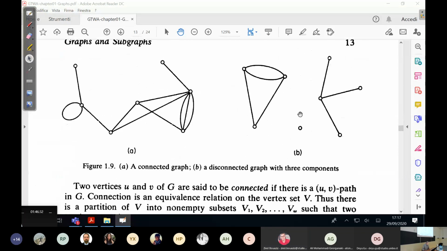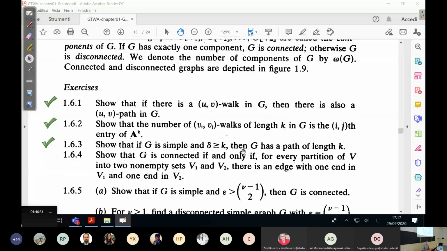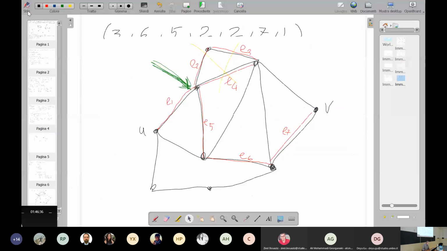Let's go, please, back to this. And so I repeat, it's clear that I have to get rid of this sort of ear that we have in our walk. But how can I formalize all this?